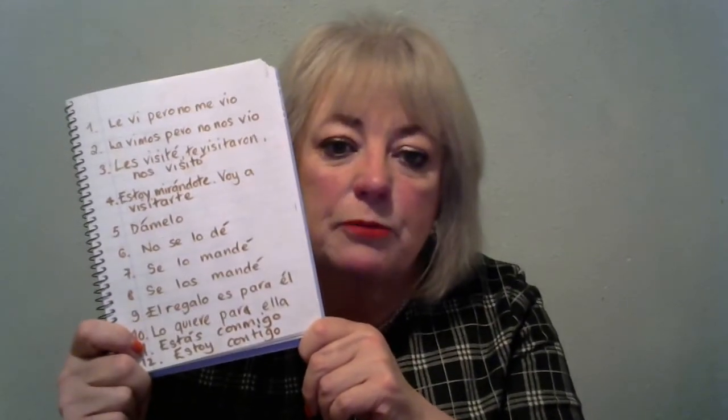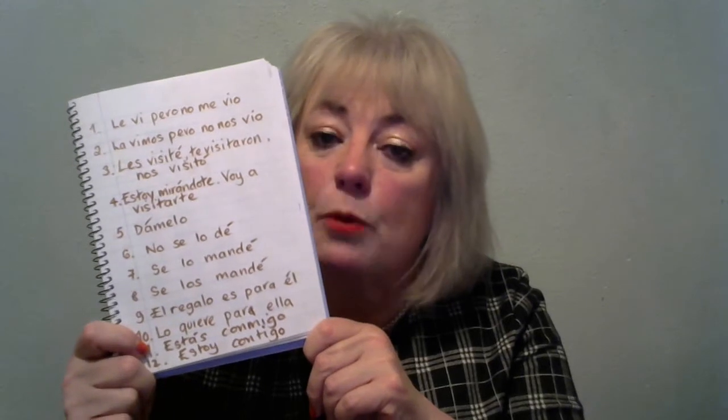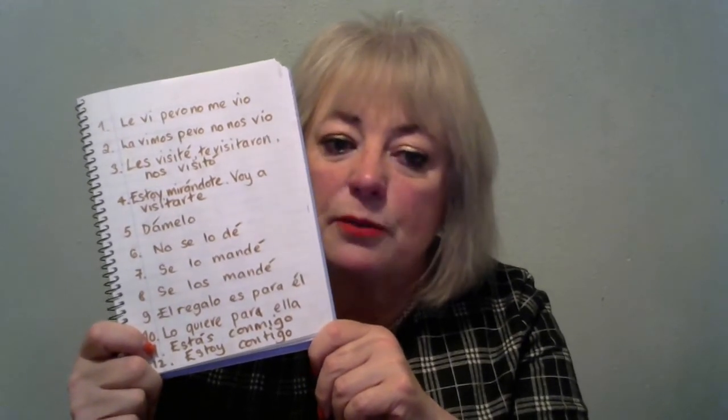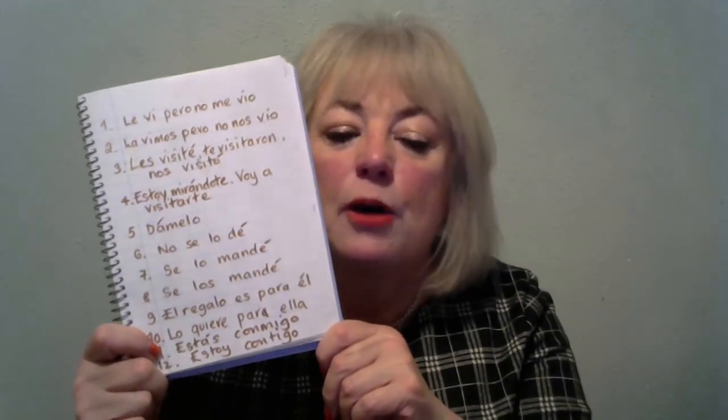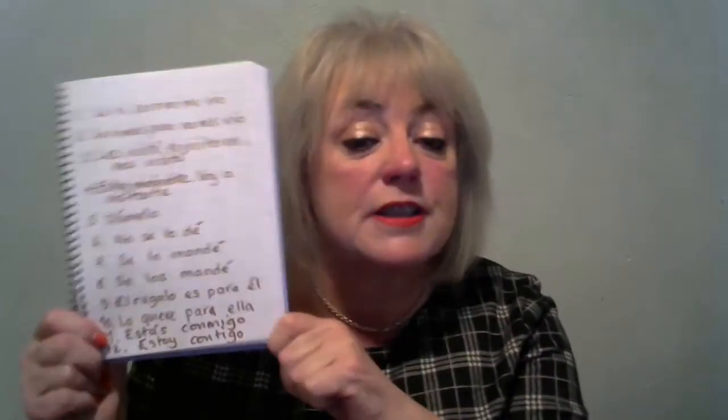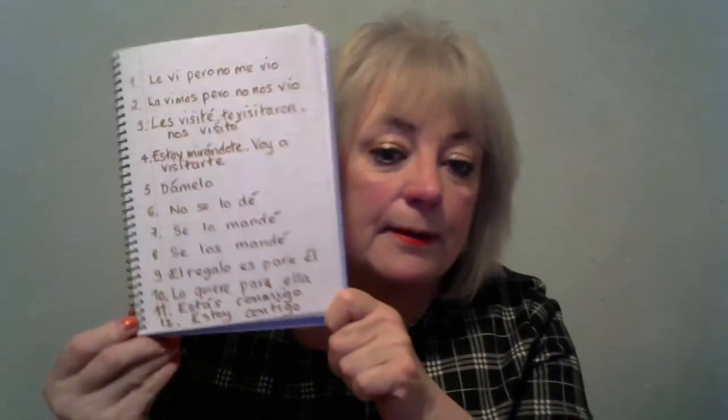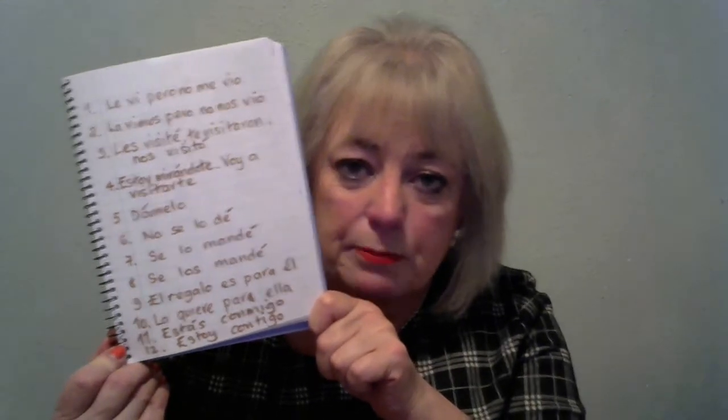So then we've got the same with number 7, se lo mandé. So really it would be le lo mandé, but you can't have the two little L pronouns together, so the first one converts to se. Se los mandé. Again, it's converting the indirect object pronoun to se.